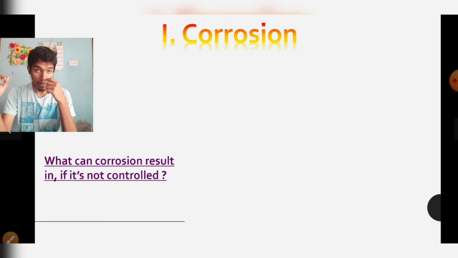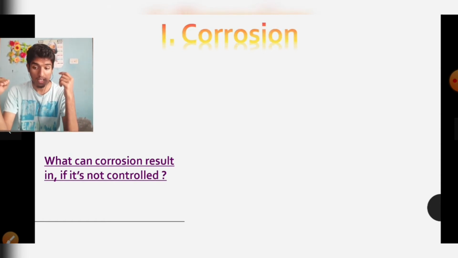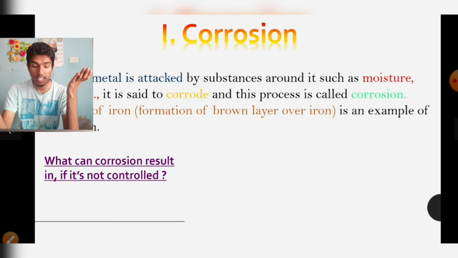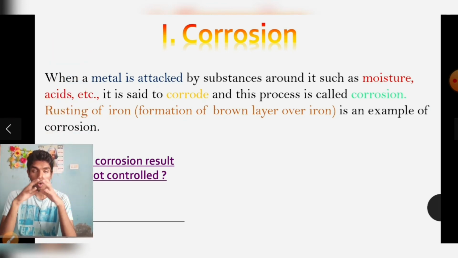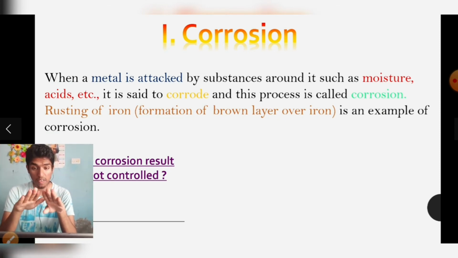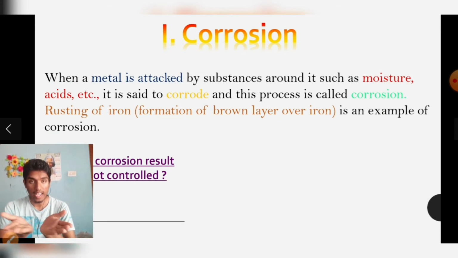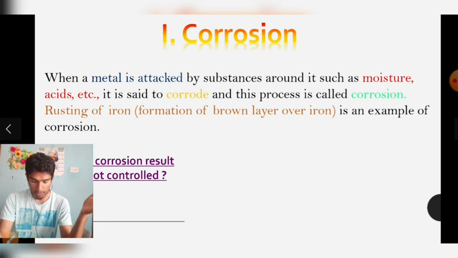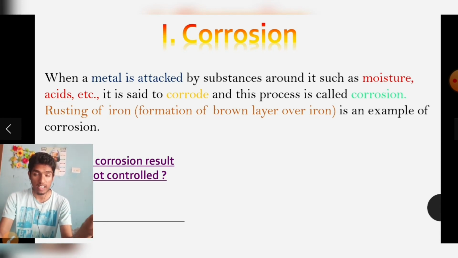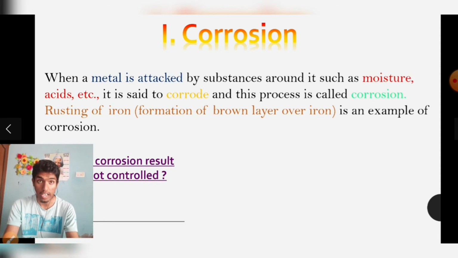So when a metal is attacked by substances around it such as moisture, acids, etc., it is said to corrode, and this process is called corrosion. Rusting of iron: you might have observed that a piece of iron, when placed in an atmosphere containing a lot of moisture or a lot of oxygen, forms a brown layer over it.